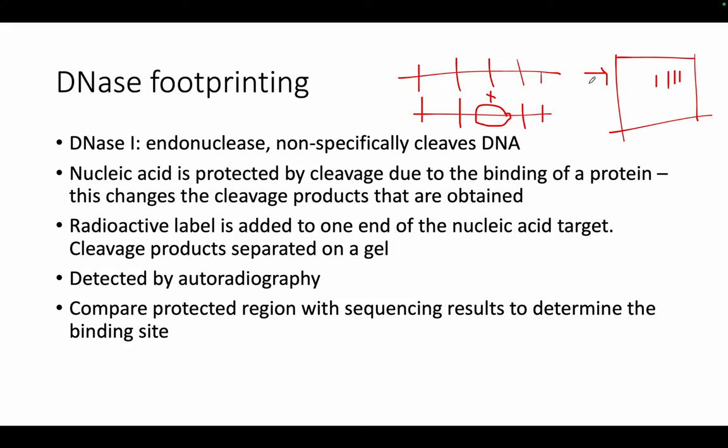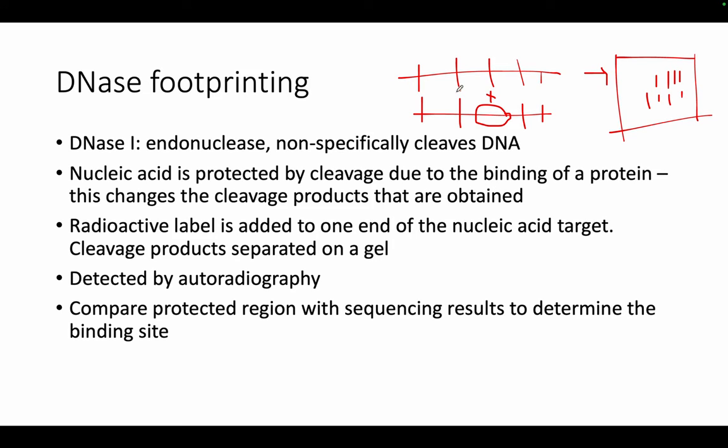This is going to give me some set of fragments, but here one fragment is going to be missing. I'll get something like this, and one big fragment that wasn't here, because I'm not able to cut in this middle portion. The nucleic acid is protected due to the binding of a protein, and this changes the cleavage products that we are going to obtain.